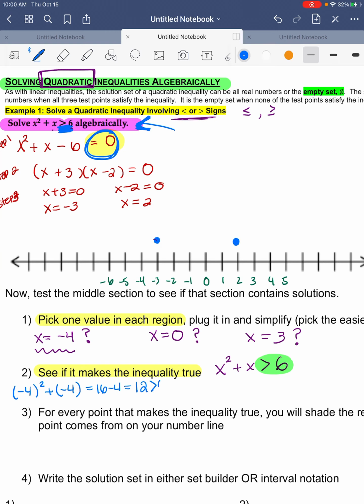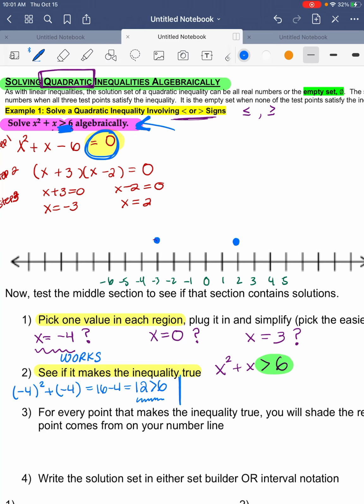And 12 is greater than 6, right? 12 is greater than 6. So that means that -4 works. It gives me something true.